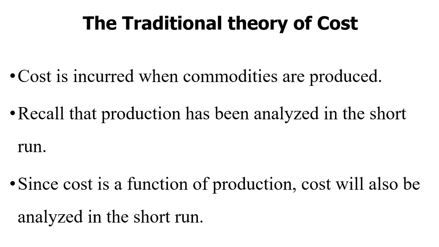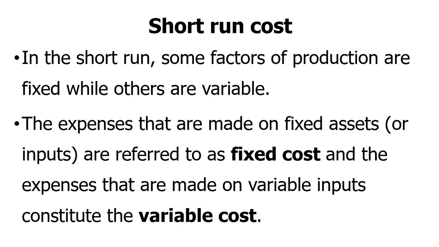In the same way, since cost is closely associated with output produced, we can also analyze cost in two periods, the short run cost and the long run cost. Since the production function we have discussed in this course is a short run production function, we'll limit ourselves to short run cost analysis under this topic.